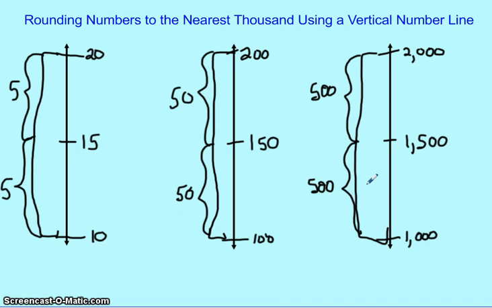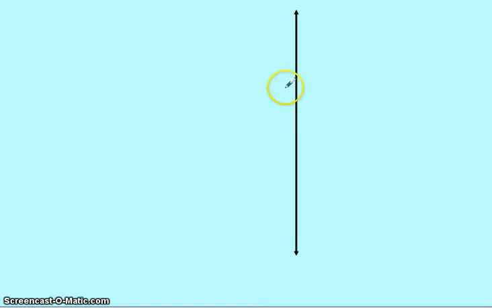So let's take an example in rounding a number, and if you would, draw another vertical number line and draw the two endpoints, please. And we want to be able to round the number 4,100.